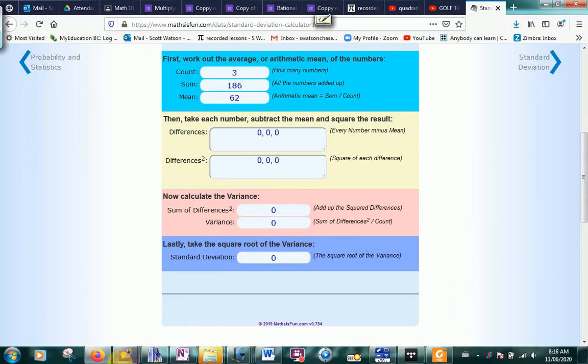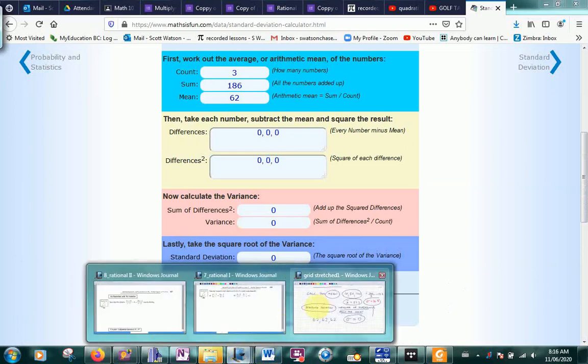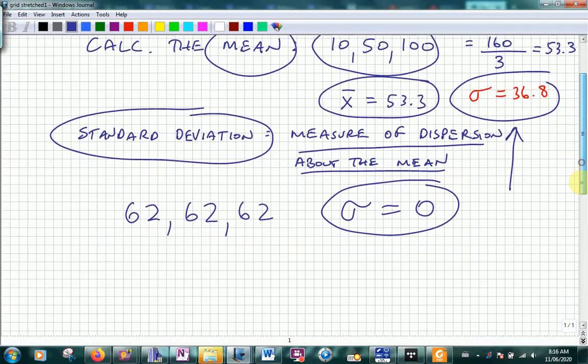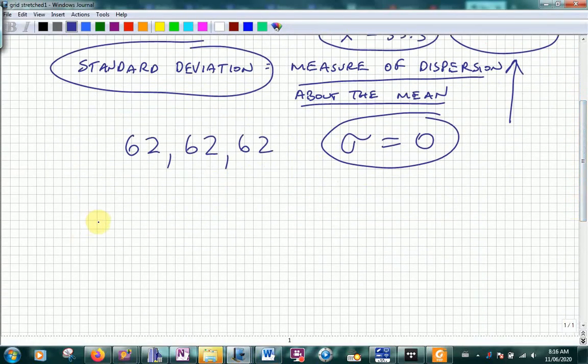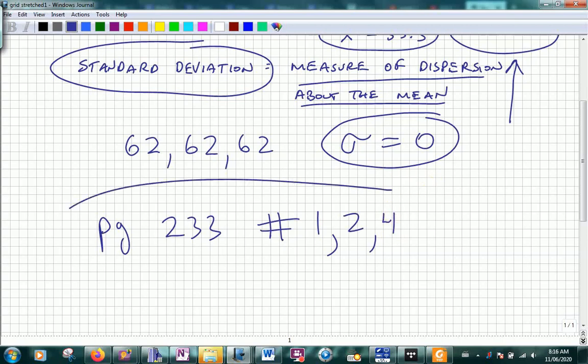So it should be some pretty easy marks for you. And the knowledge of knowing that it's a measure of consistency, just like range was, but this is even more so. So just a couple of questions, should be 15-20 minutes tops, important in statistics.